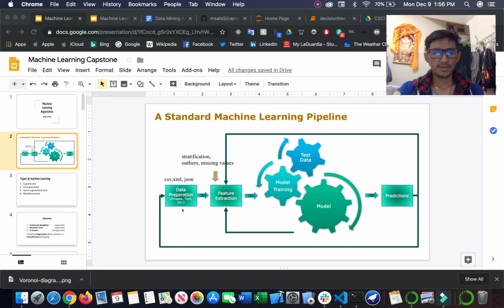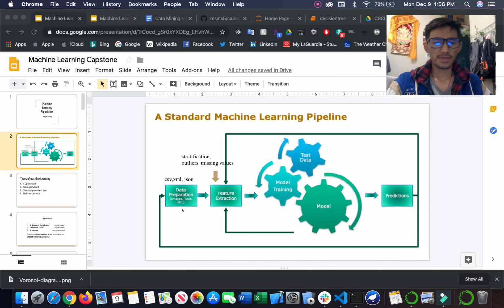When the features are ready, usually you will have a train, test, and validation set. The train set is the highest volume of the data, and you use it for model training. Then you use the validation set to check the accuracy and find the optimal hyperparameters, and then you test it on the test data.